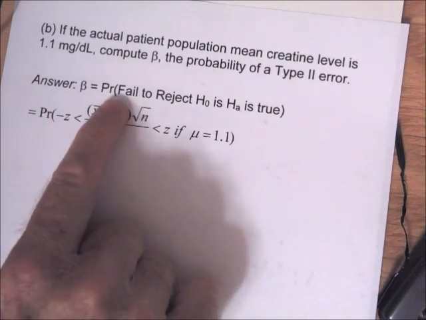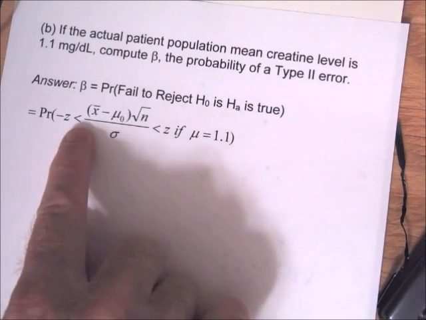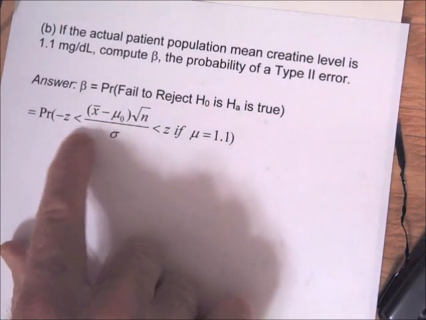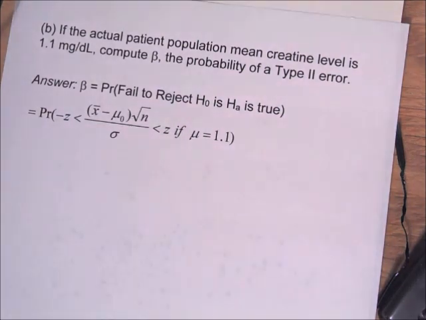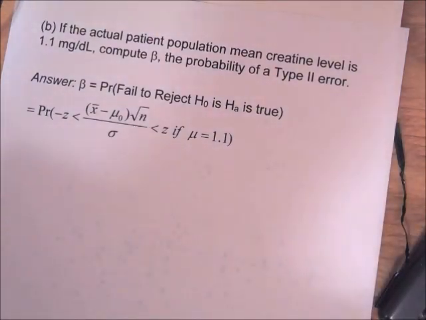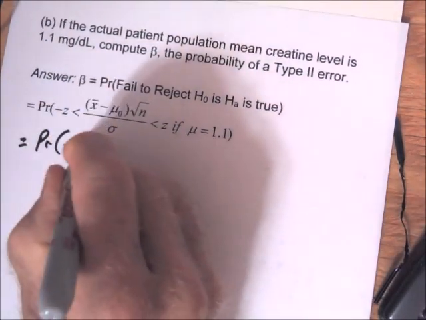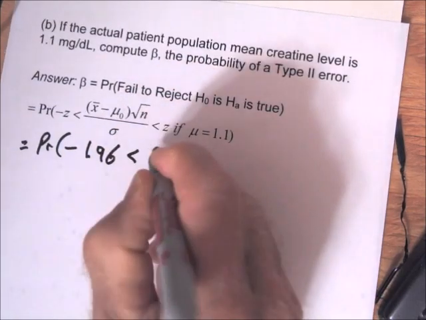Okay, so the probability of type 2 error, beta, is the probability of failing to reject H naught if HA is true, the probability that the test statistic is between the two critical numbers from the Z table, and we can use the same critical numbers we used before. It was 1.96. So this is the probability of negative 1.96 less than x bar.